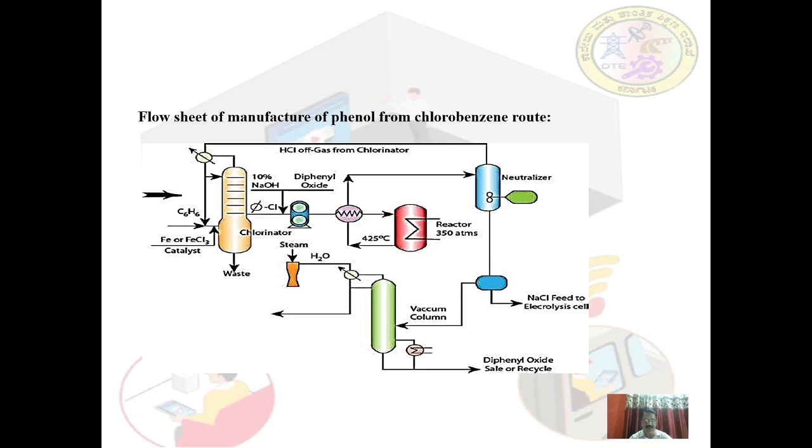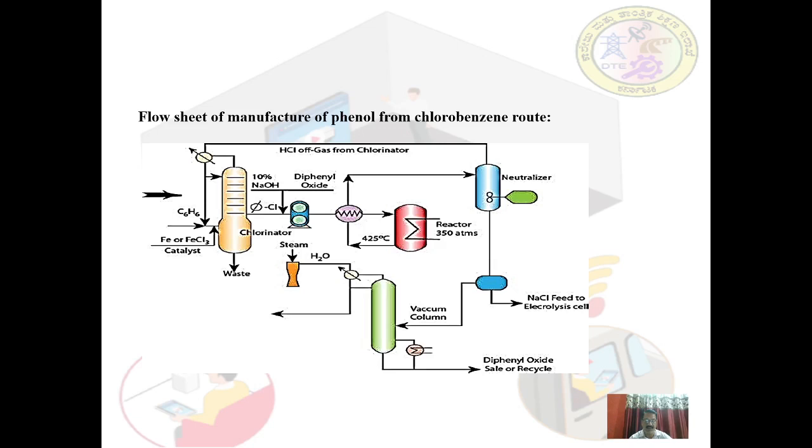The sodium chloride salt is recycled to an electrolysis unit to produce the required caustic soda after electrolysis. The phenol is stripped of diphenyl oxide and other minor impurities by a vacuum distillation column.